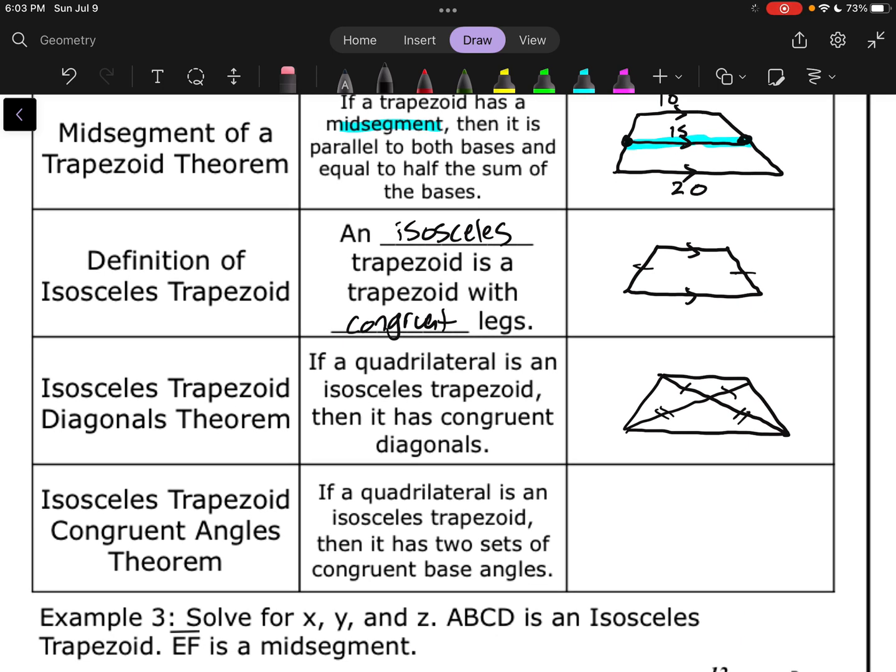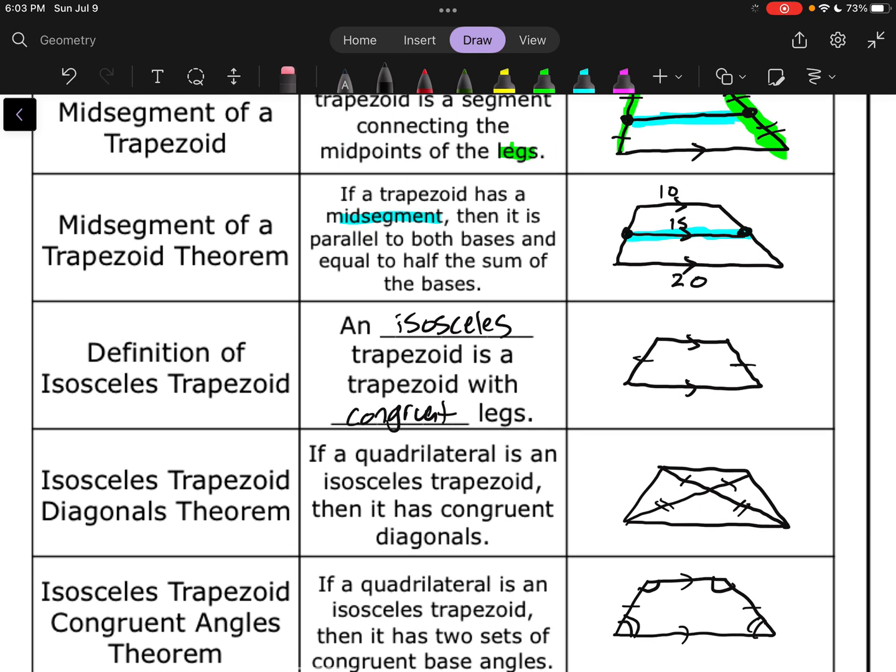The other fun fact, the other theorem that our guy Euclid proved about isosceles trapezoids, is that the base angles are congruent. So if we've got our isosceles trapezoid here, then this angle and this angle are the same, and this angle and this angle are the same. So that's another fun fact about them.